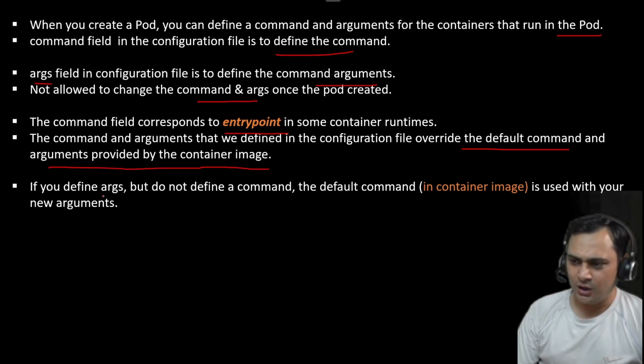If you define args, it means arguments, but do not define a command, the default command in the container image is used with your new arguments. Fair enough, you can use the image command also. Let's move forward.